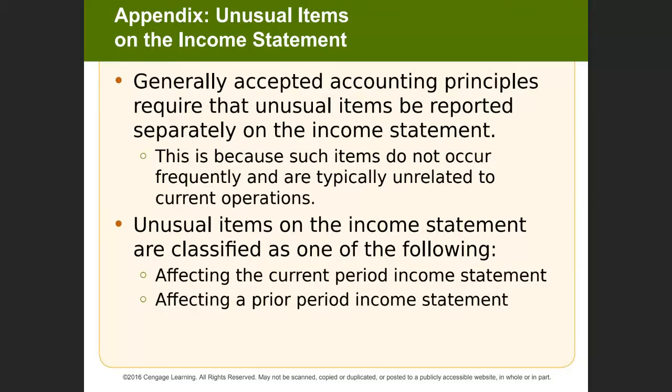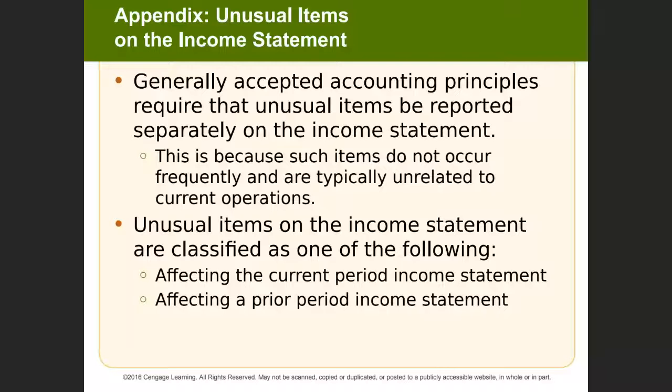Generally accepted accounting principles require that unusual items must be reported separately on the income statement. This is because such items do not occur frequently, so they're typically unrelated to current operations. It could be a plant destroyed by a hurricane, something that hardly ever happens.